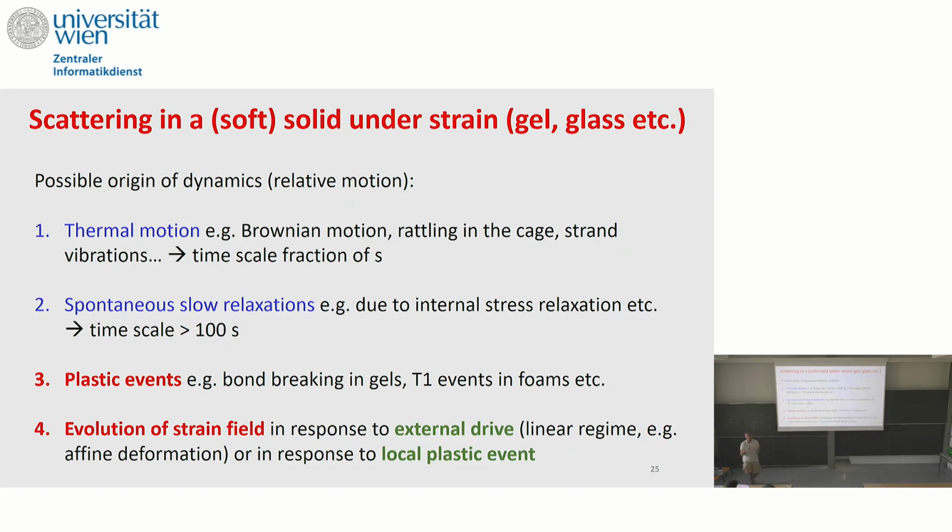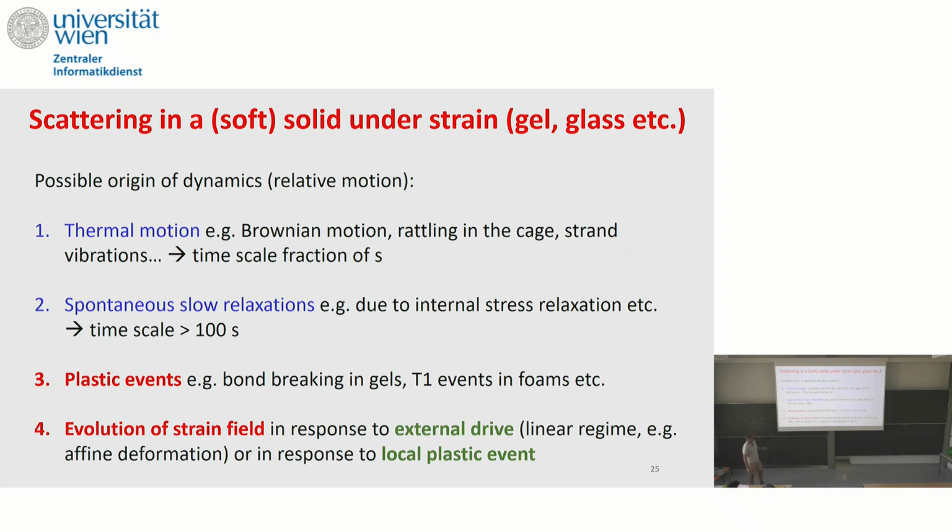Well, imagine that you have a startup shear experiment. So you start shearing your sample like that. You have an evolving strain field in your sample. Even if the sample was a perfectly homogeneous elastic material, particles will be displaced because of this strain that you apply. So that gives you some decay in your light scattering experiment.